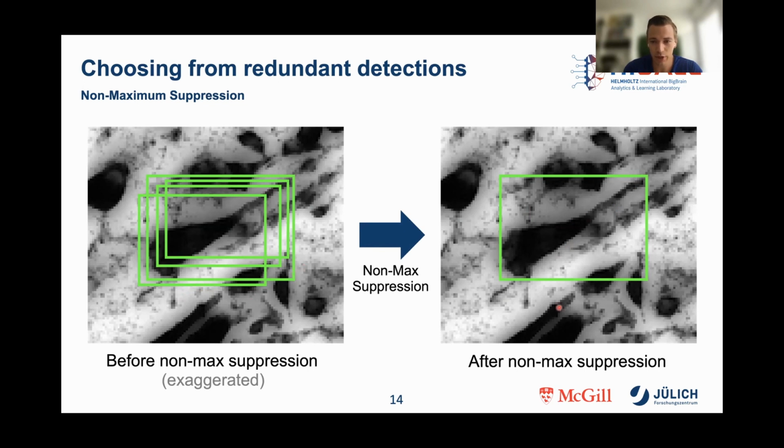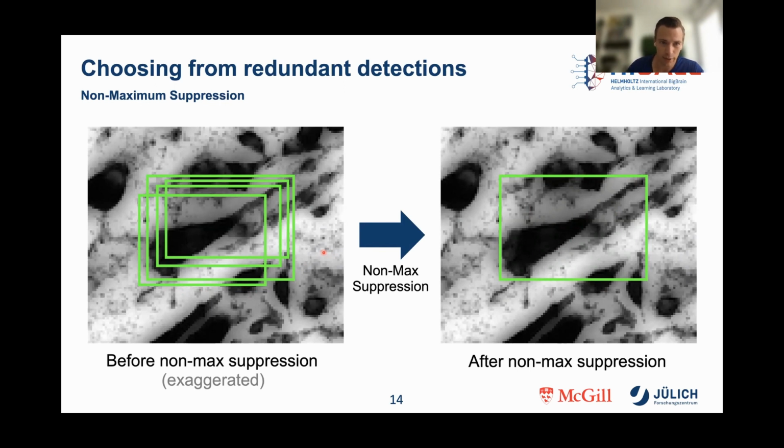And non-maximum suppression is supposed to pick one of them. The way it usually does it is it picks just the one with the highest classification score. The problem here is, however, that you can't rely on the classification score to actually represent the quality of your detection. And this is a very common problem in object detection because many methods use non-maximum suppression.